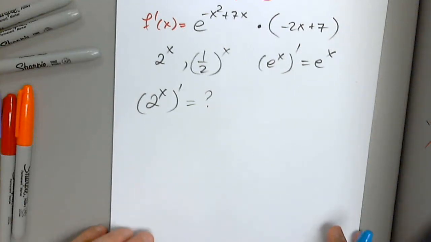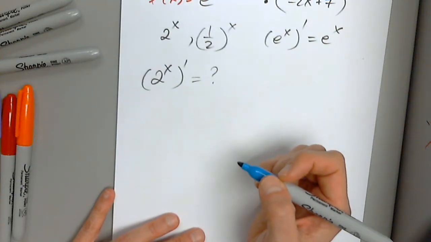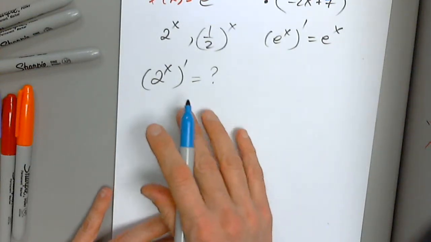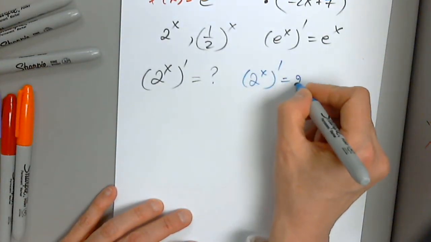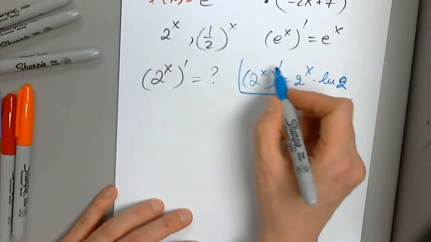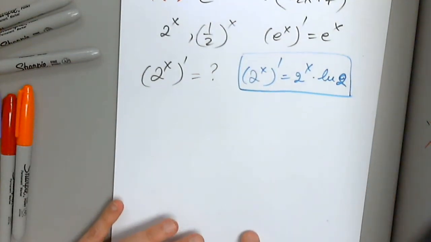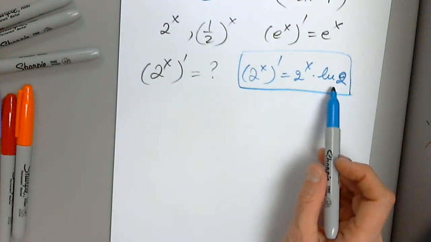So let's do that. Now, I'm thinking of changing the base. I have to change the base in order to prove this. So the answer is 2 to the x times natural log 2. But I don't want to just give you the answer, because you're going to ask, and rightfully so, why natural log 2?